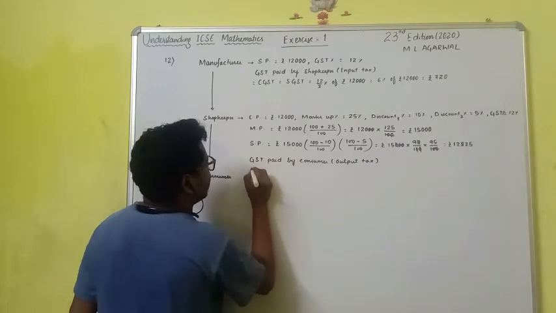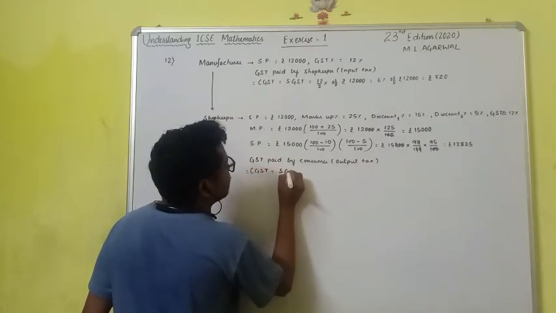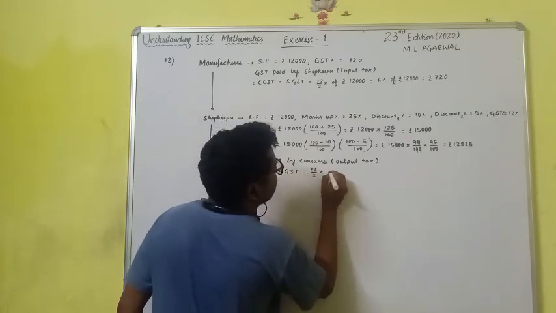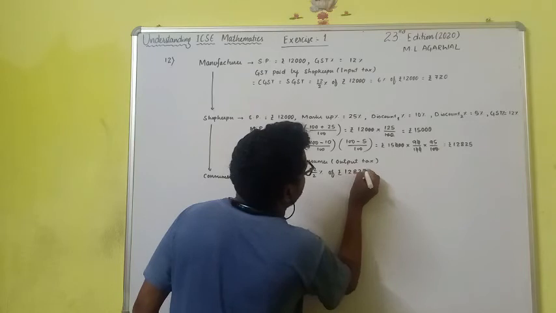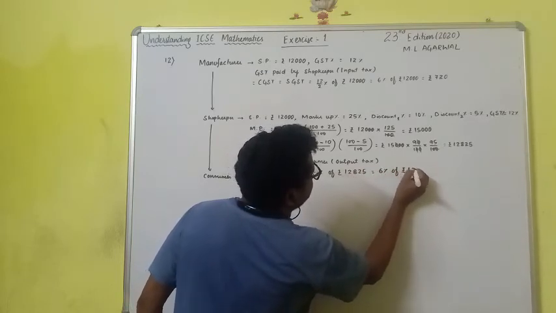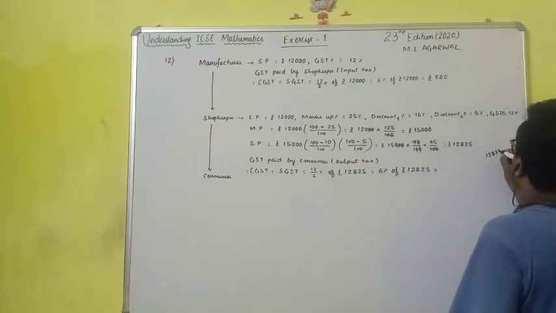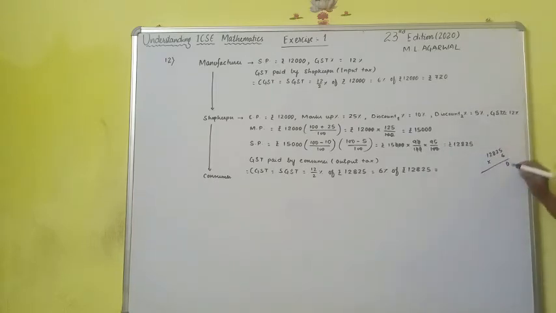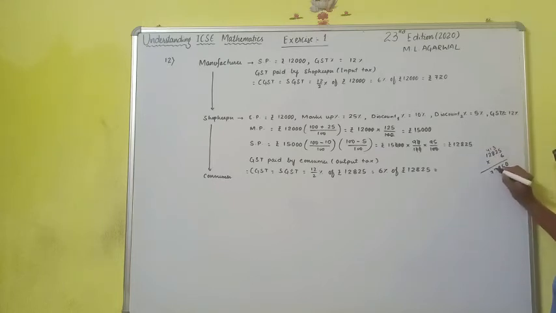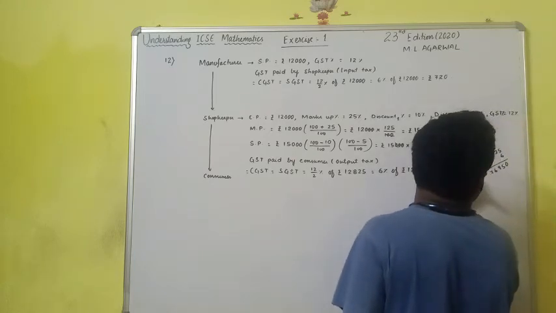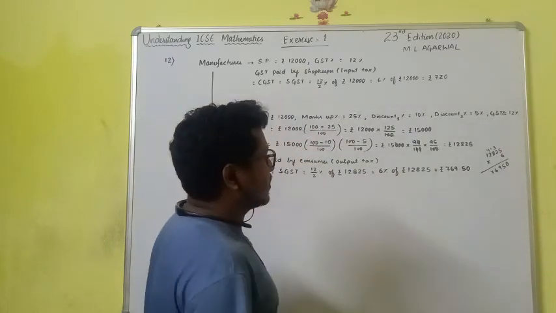So I can write here CGST is equal to SGST is equal to 12 by 2% of rupees 12,825, so it will be 6% of 12,825. 12,825 into 6 will be equal to 769.50. You can multiply it.